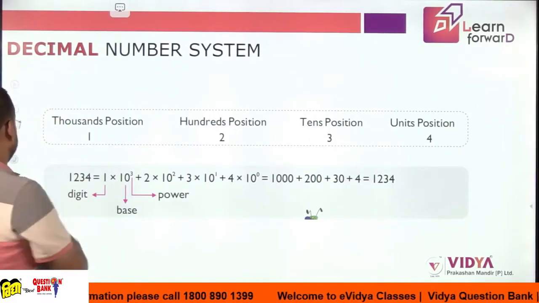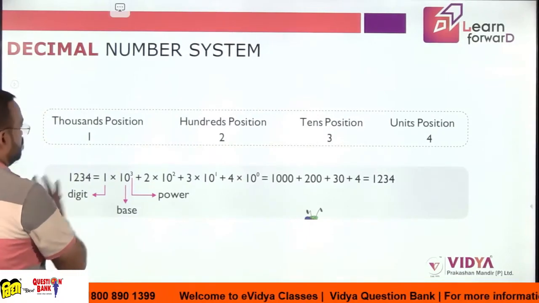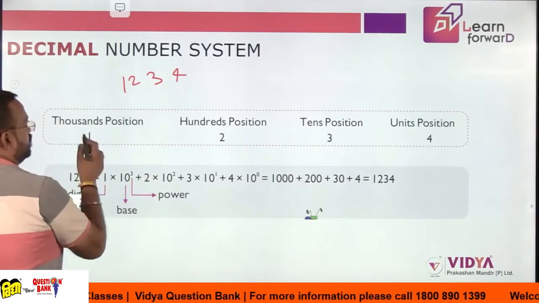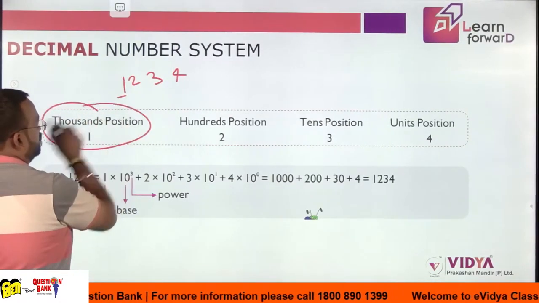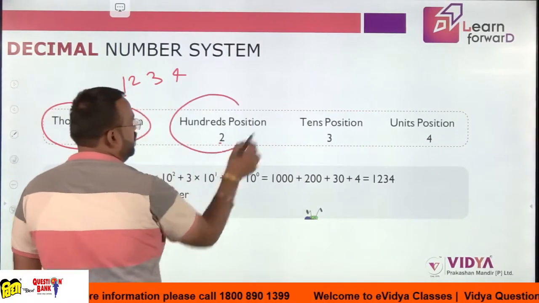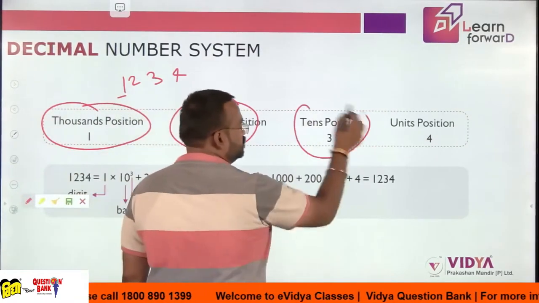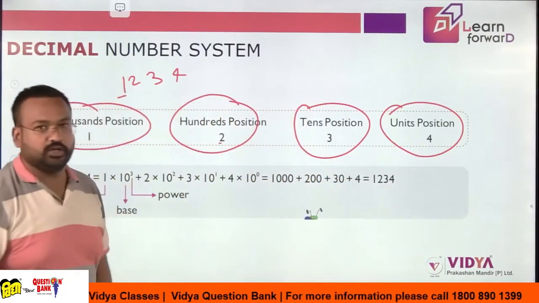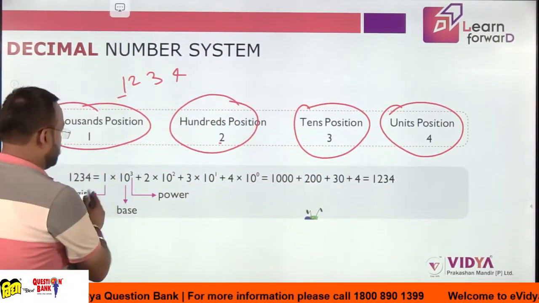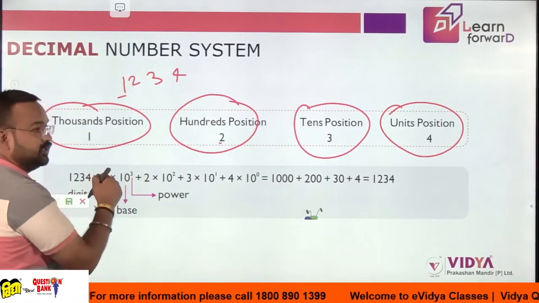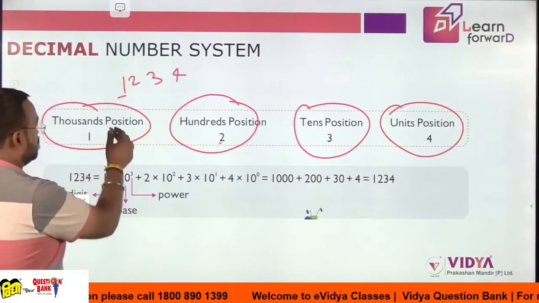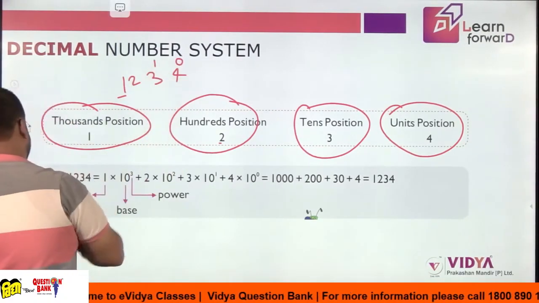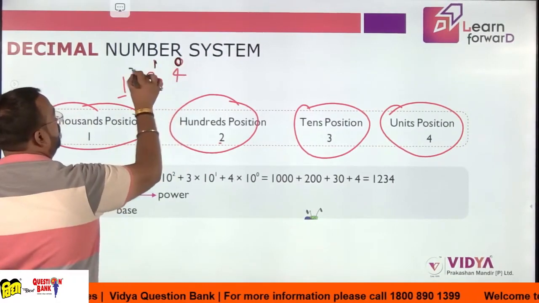Here is an example. We have a number 1, 2, 3, 4. The position of 1 would be 1000, the second would be 100, 3 would be at the 10th position and 4 would be at the unit position. And how can we get it? The base is 10 for a decimal number system, and the positions start from 0, 1, 2, 3.